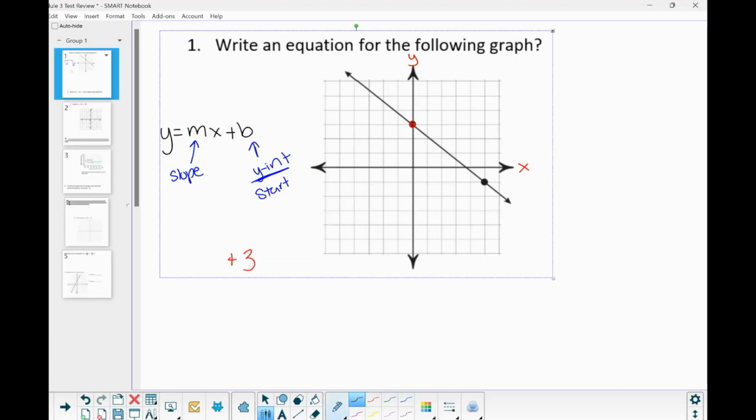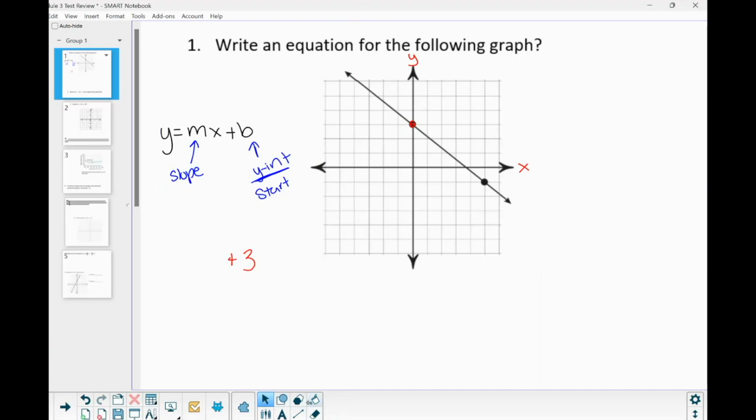Now I want to look for my slope, my rise over run. Remember, rise over run tells us first our rise, how many we go up or down, and then our run, left or right. So in this case, we're going down by 1, 2, 3, 4.